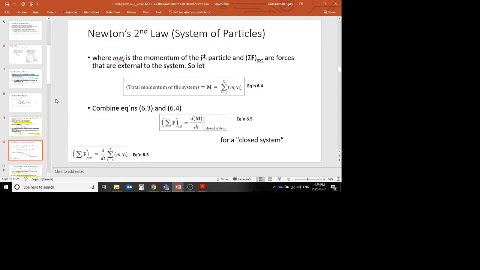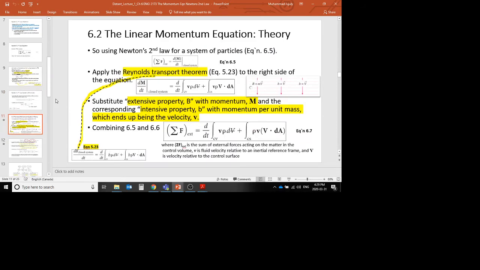From there we developed the linear momentum equation, and we are all aware of how it can be derived, because we already derived the continuity equation. In the continuity equation we assumed the extensive property B is equal to mass, and thus the intensive property, the smaller b, turned into 1.